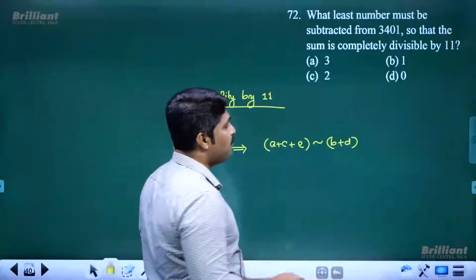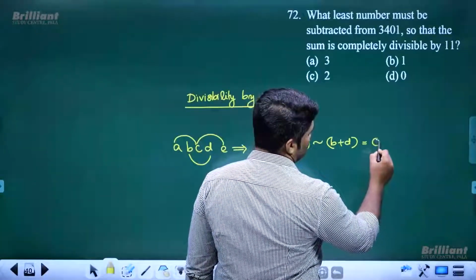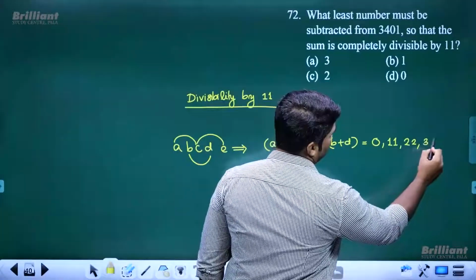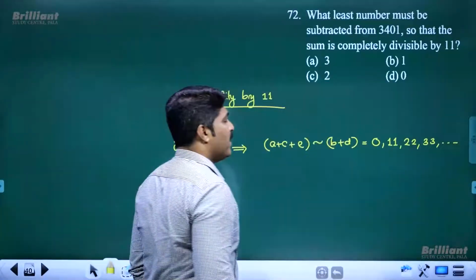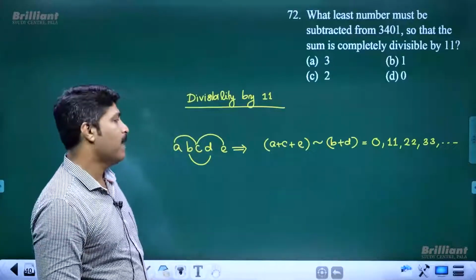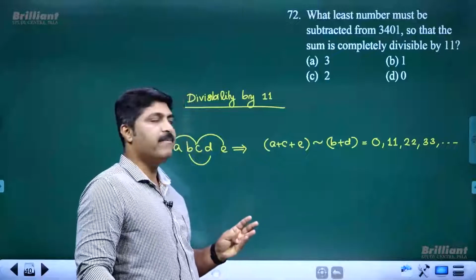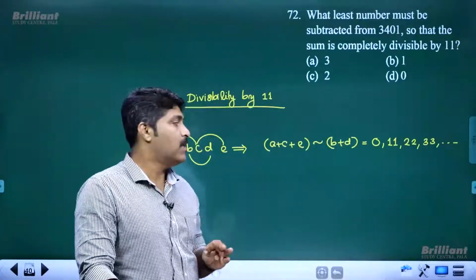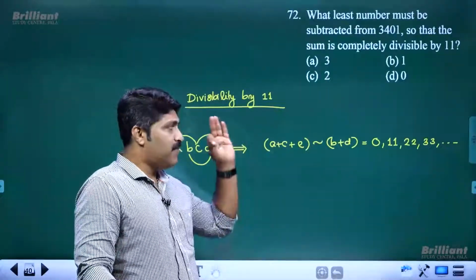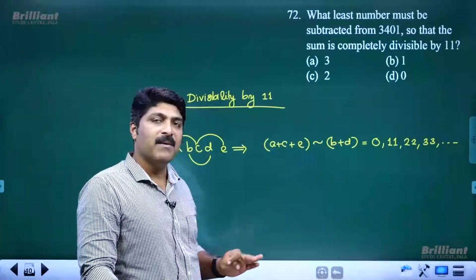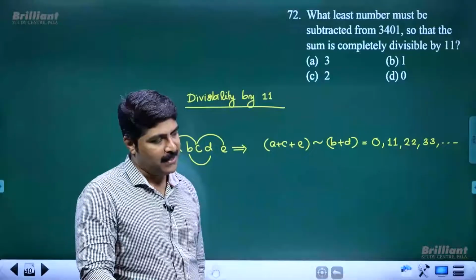So then if the difference is either 0 or any multiple of 11, then the given number is also divisible by 11. Understand? The first step, take the sum of alternate place digits. Second step, find the difference between those two sums. And third, conclusion, if such a difference is either 0 or any multiple of 11, then the given number is also divisible by 11. Got it?